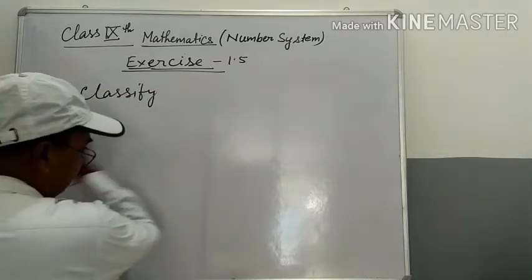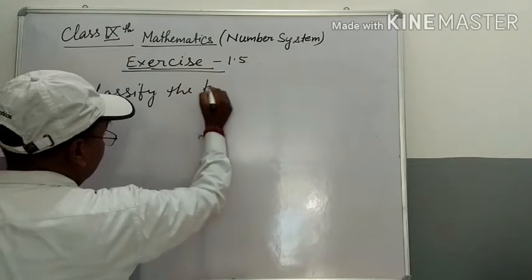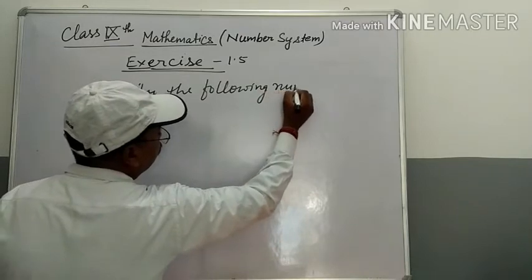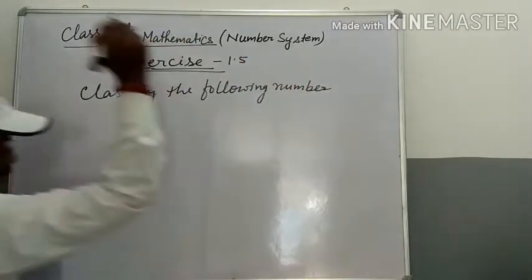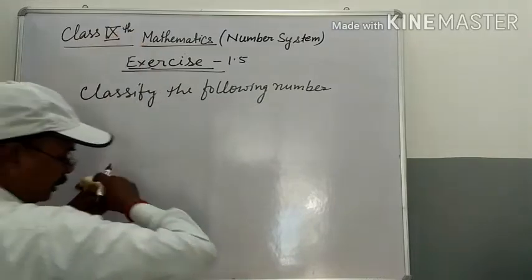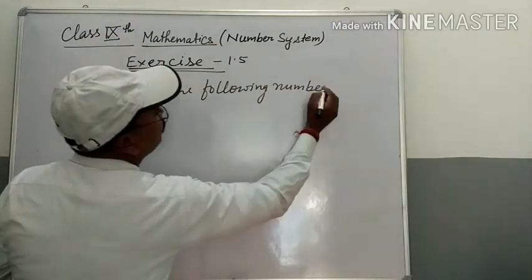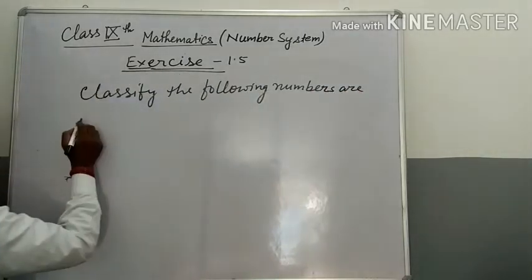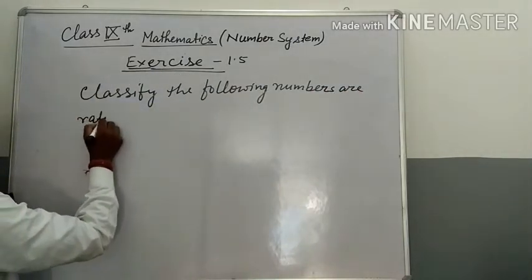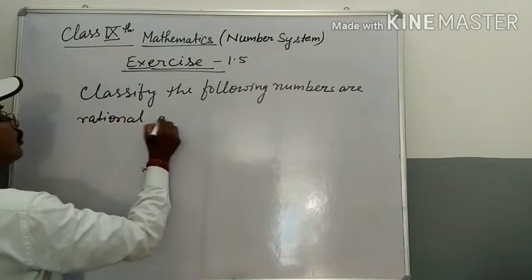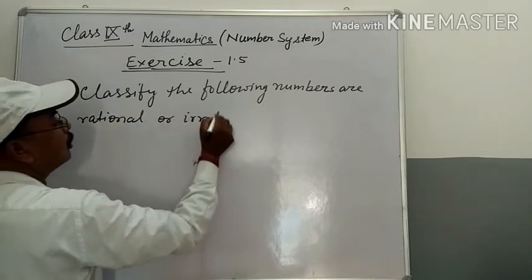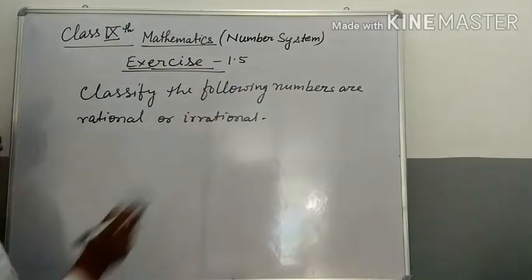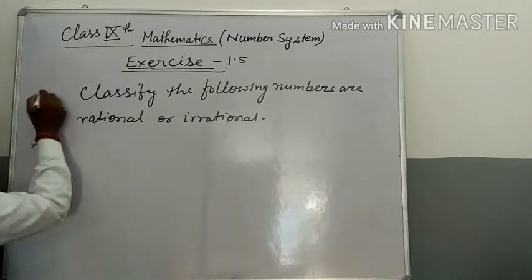Classify the following numbers as rational or irrational. Students, here is question number 1, exercise 1.5.